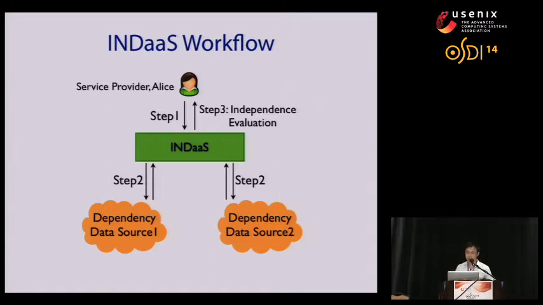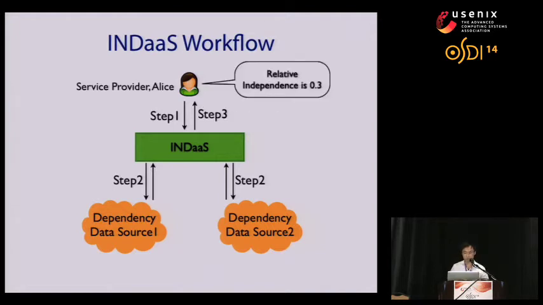Next, INDaaS produces a dependency representation based on the collected data and evaluates the independence of the target redundancy configuration. So now, Alice can understand the independence score of the target redundancy configuration. Before her service adoption, she can run our system on all the alternative redundancy configurations and understand which alternative redundancy configuration is the most independent. Then she can use that one for her service.